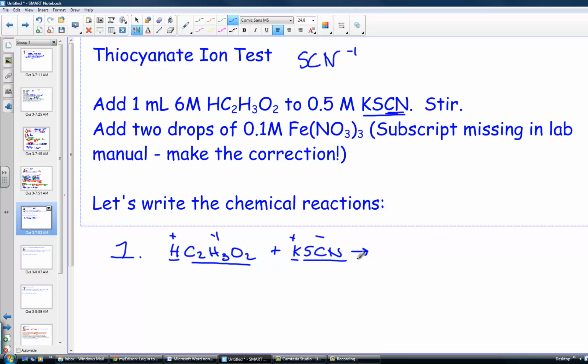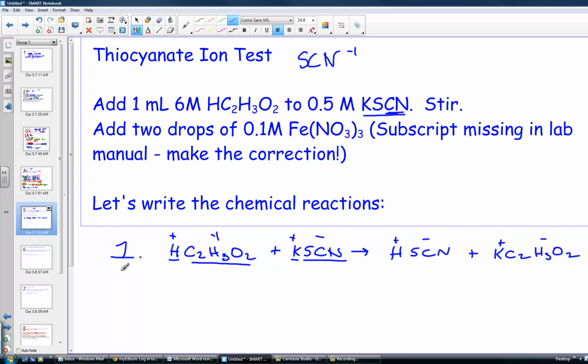So when we take our 2 positives and exchange their places, we form HSCN, hydrogen thiocyanate, and again, based on charge, it comes out electrically neutral. And when potassium goes to acetate, we generate a new salt called potassium acetate. And again, based on charge, +1, -1, we have a balanced equation, all coefficients of 1.